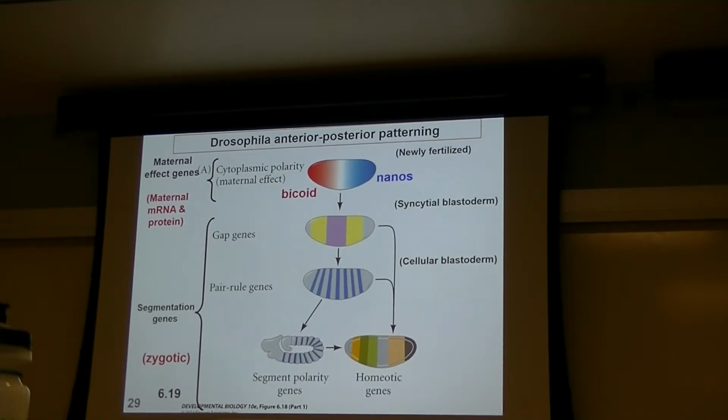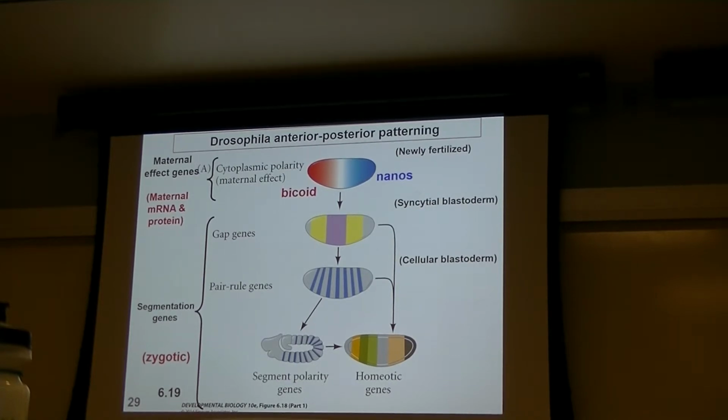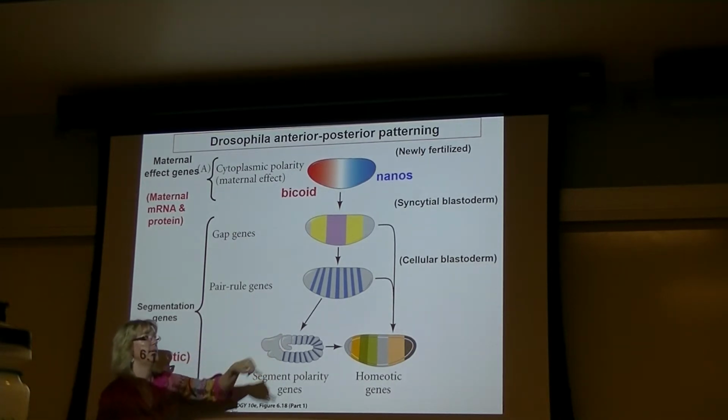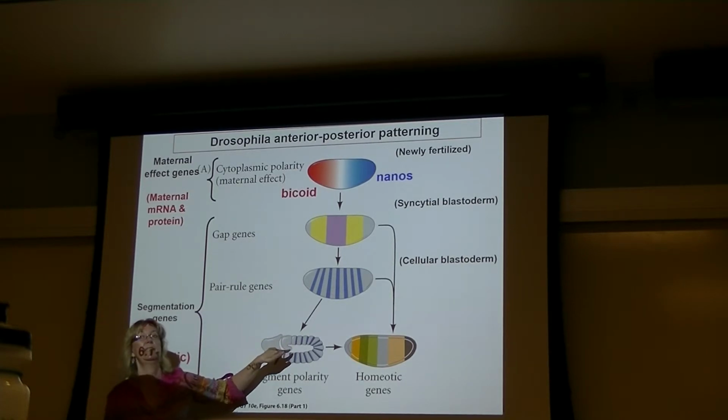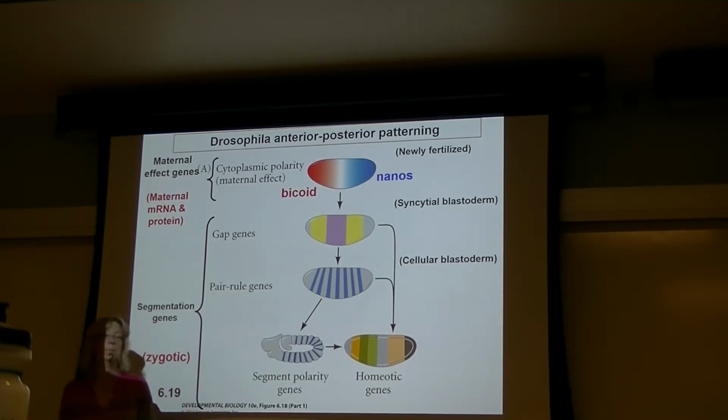Okay. Now I think we're ready for segment polarity genes, which is another class that's turned on a little bit later than the pair-rule genes are. And you can see the embryo by this point has finished up with the cellularization process and is beginning to undergo gastrulation. So that's why they have a little curved and indented shape there, so that's an embryo undergoing gastrulation.